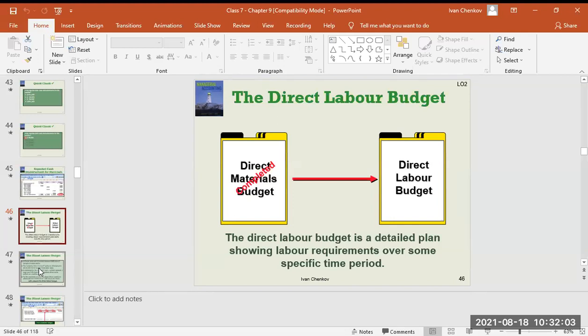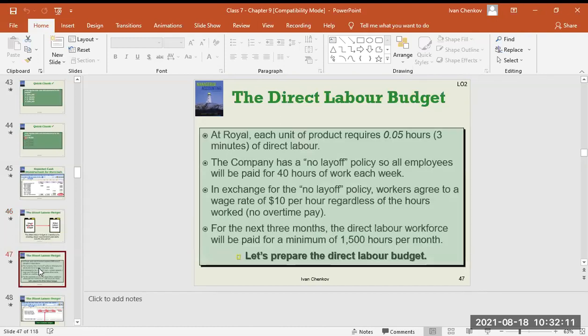So for the direct labor, we have to prepare a detailed plan showing the labor requirements for the specific time. That's the information that we're going to have. Again, I'm going to copy this information and flip it to the Excel spreadsheet.